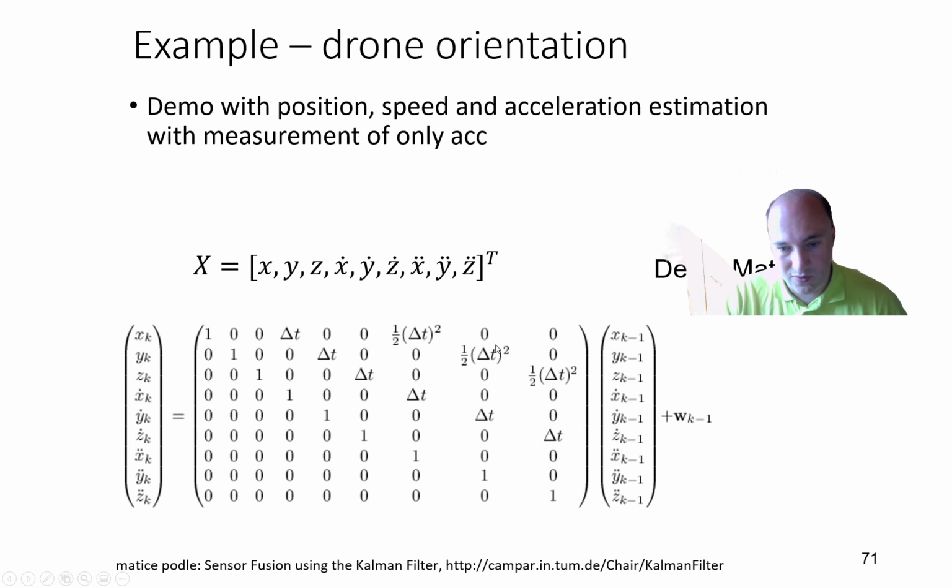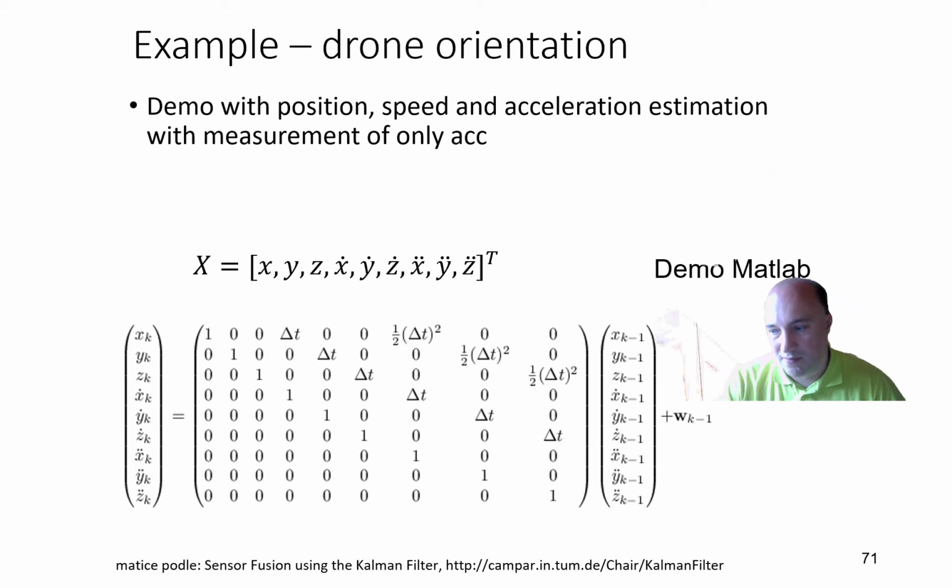What we will see in this demo is an example from a drone. Imagine that you have only an accelerometer that measures the acceleration in 3 axes in this case. But we want to make an estimate of position, speed, and of course acceleration. So this is how the vector and the matrix will look.